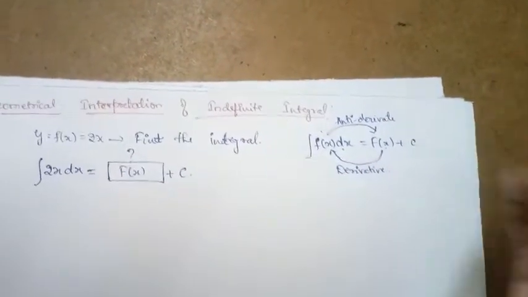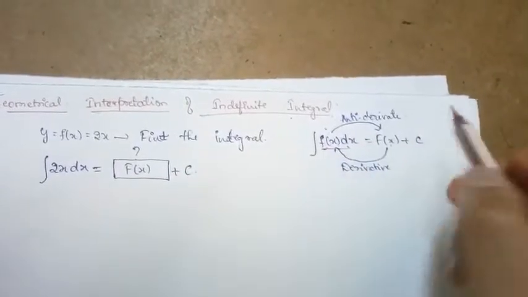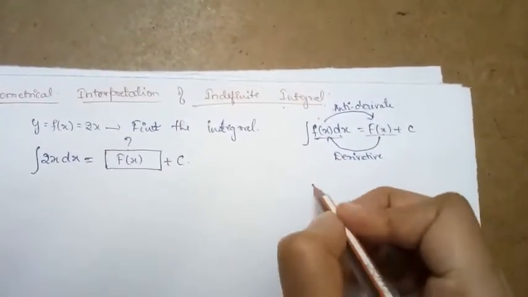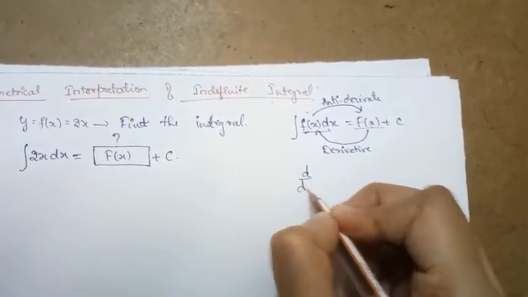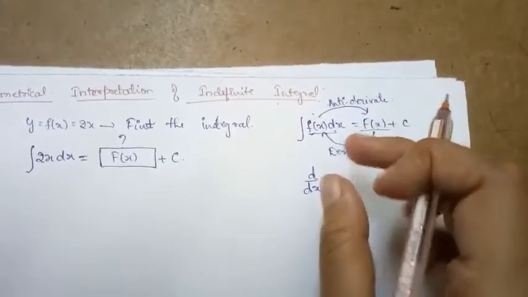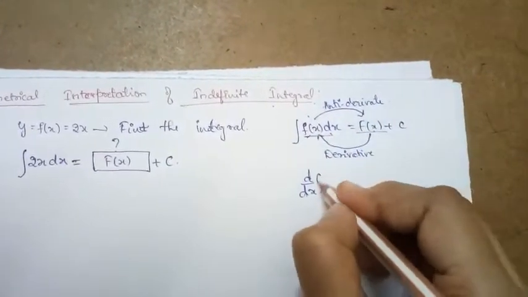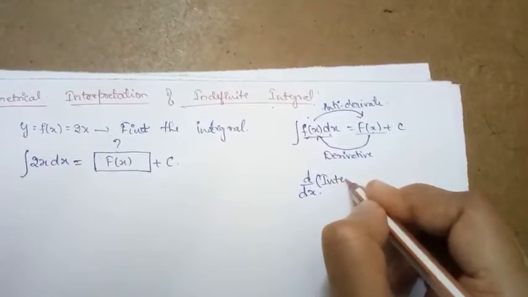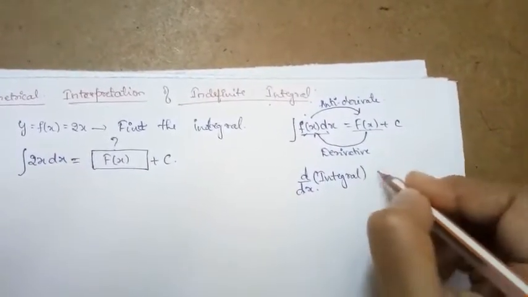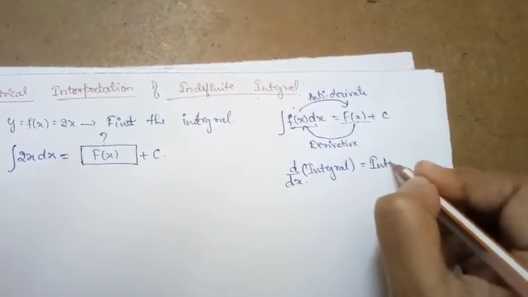In other words, this is an integrand and this is an integral, so if we differentiate this integral, we get the integrand.